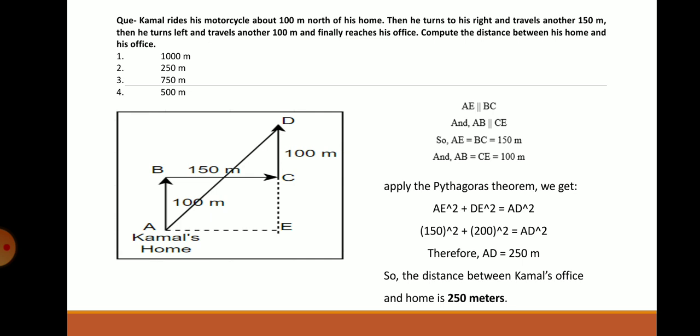Therefore, we can apply Pythagoras in triangle AED because it is a right angle triangle. Always remember, we can apply the Pythagoras theorem for right angle triangles only. So applying the Pythagoras theorem, AE square plus DE square is equal to AD square. Put the values and you will get AD equal to 250 meter. This is the distance AD, 250 meter between Kamal's office and Kamal's home.